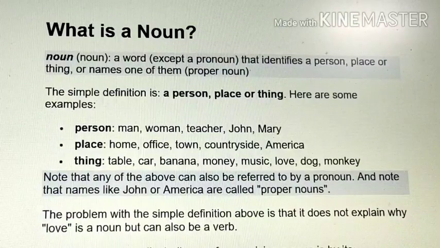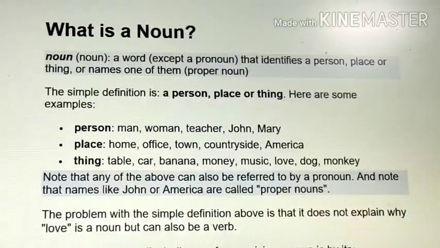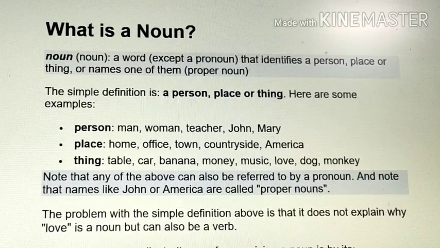In place, I have mentioned home, office, town, countryside, Britain, America, etc. Thing like table, car, banana, money, music, love, dog, monkey, etc. So these are nouns. Whatever I have mentioned above can be referred to by a pronoun as well.